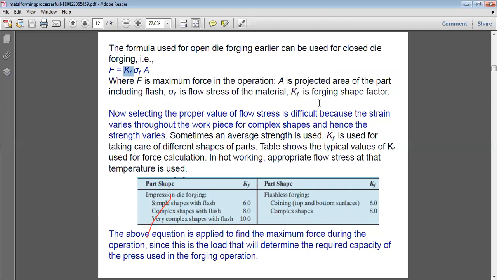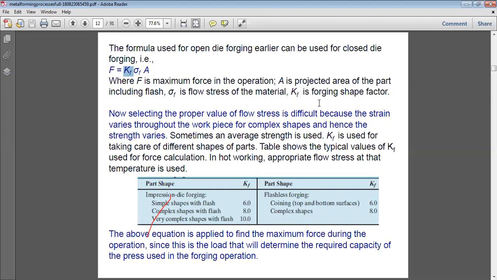Now, selecting the proper value of flow stress is difficult because the strain varies throughout the workpiece for complex shapes, and hence the strength varies. We cannot calculate a single value or the actual value of stress, because for complex shapes the strain varies at different sections.